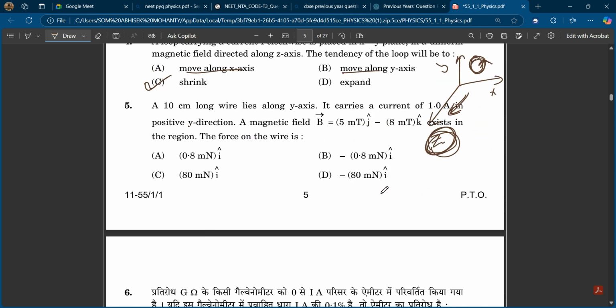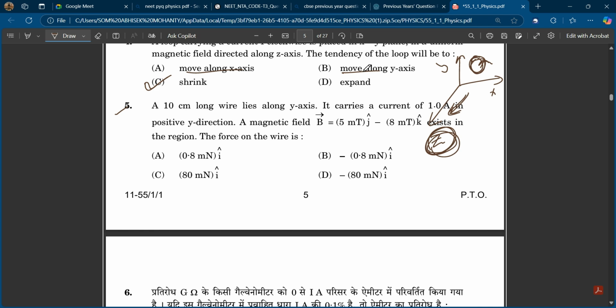The next question. A 10 centimeter long wire lies along the y axis and carries a current of 1 ampere in the positive y direction. Magnetic field is given. Find the force on the wire. Okay, try this question.